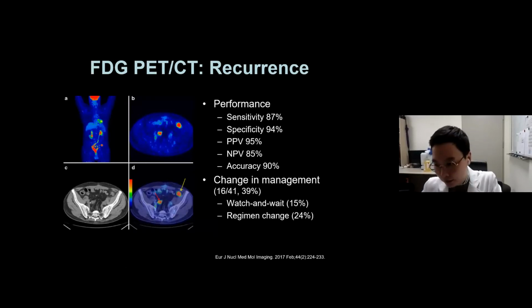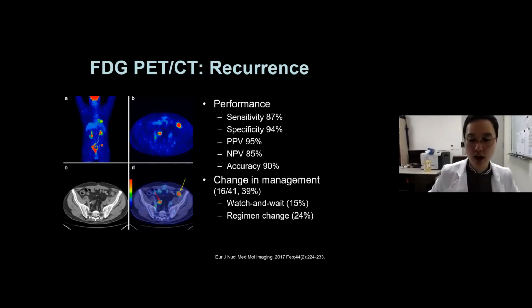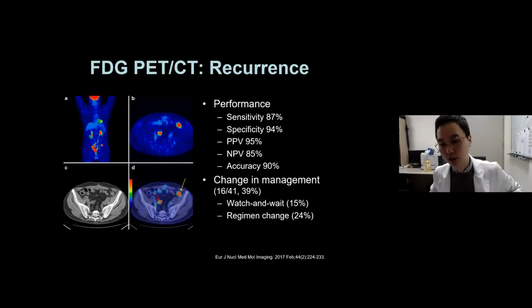And FDG PET CT can also be used for the evaluation of recurrence. But more importantly, what they reported in this study was that it can change management in up to 40% of cases.